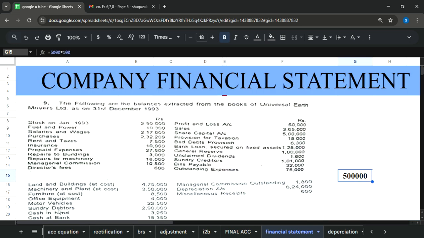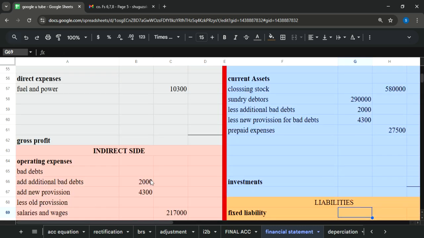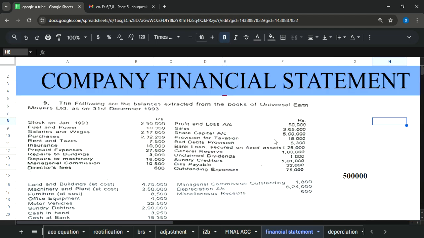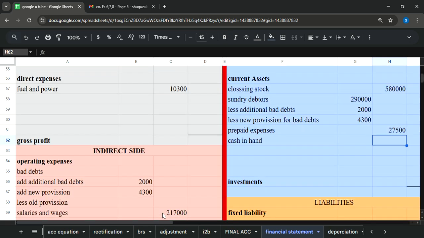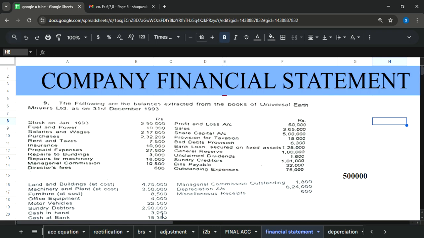After debtors, we have cash in hand. We'll go to current asset side, and here we will mention cash in hand. Amount of cash in hand is 3250. Alright, so it means in current asset side we had posted this amount.